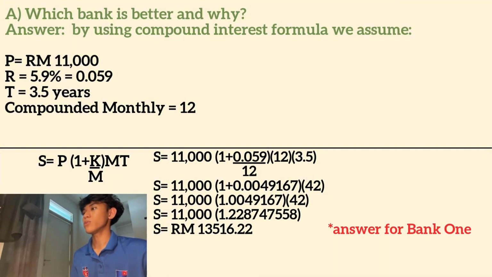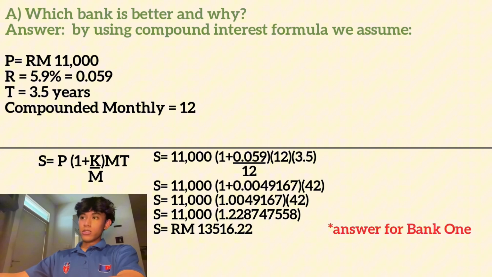For this question, we need to use the formula S equals P(1 + r/m)^(mt). Since we have all the info, we can just add it to the formula. So first step is S equals 11,000 times (1 + 0.059/12)^(12 × 3.5).